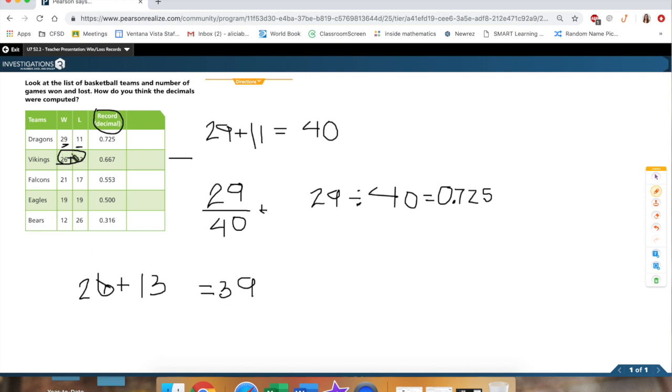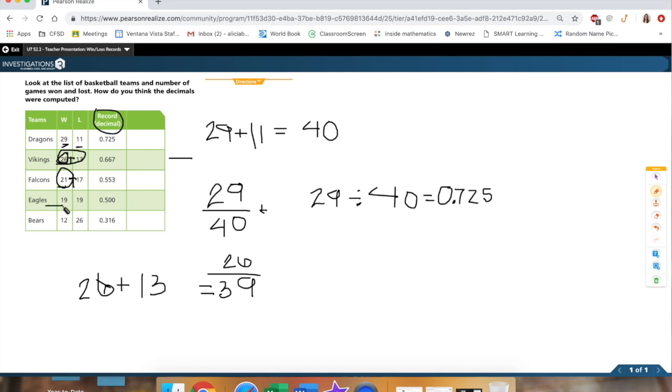And how many wins did they have? That'd be 26 over 39, okay? Do you see why we're adding? We're adding the wins and the losses because those are still games that they're playing.